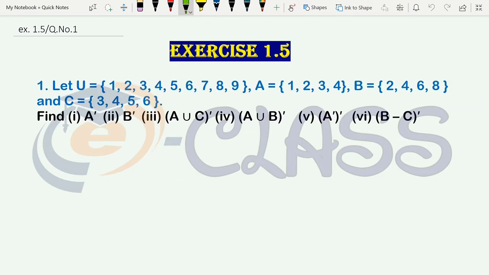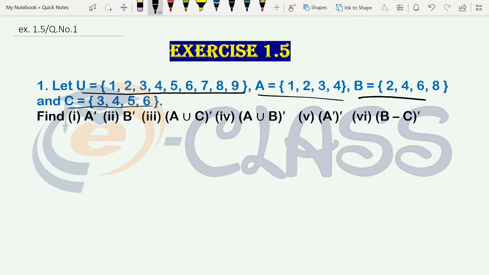Now move to the exercise. Question number 1 says that universal set equals 1 2 3 4 5 6 7 8 9, and A is a set equals 1 2 3 4, B equals 2 4 6 8, and C equals 3 4 5 6.